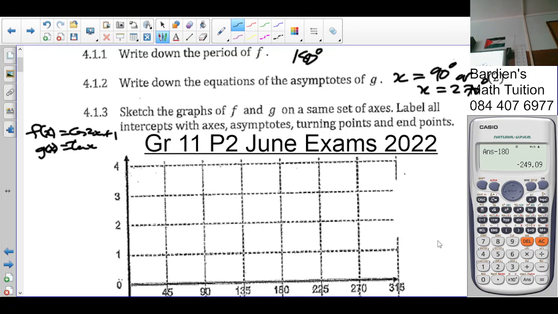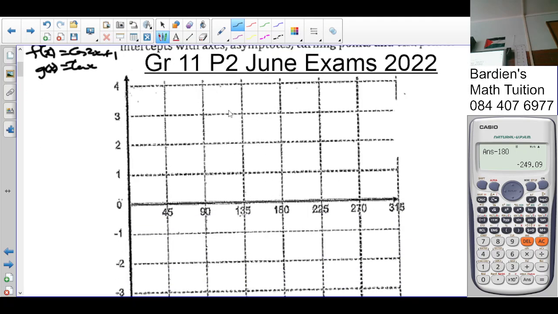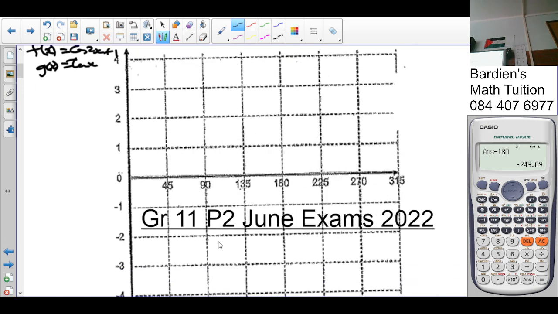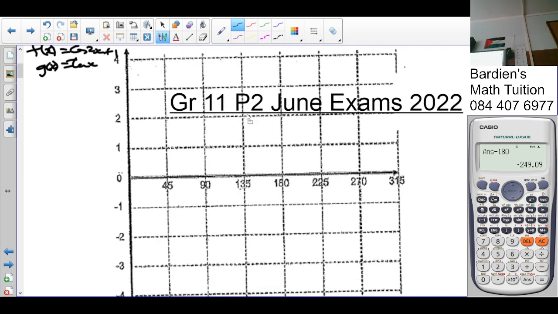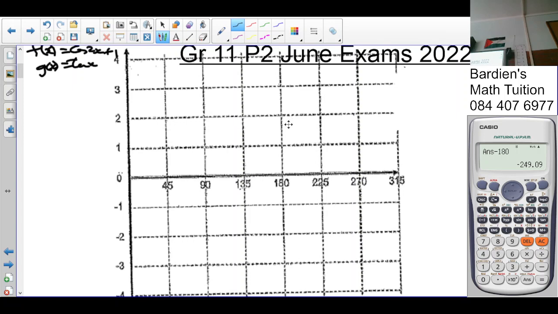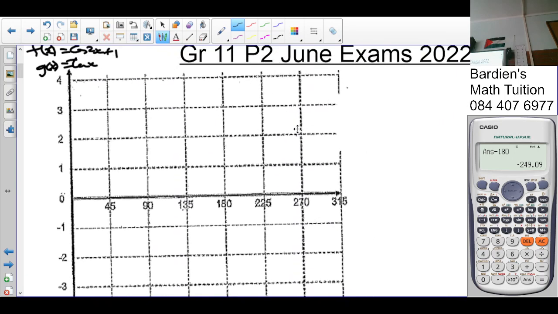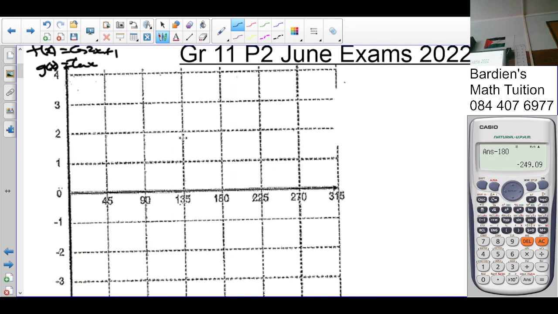Sketch the graph of f and g on the same set of axes. Label all the intercepts with the axes, the turning points and the end points. Okay? Just take this down here. Okay, so the first graph is cos 2x plus 1. So the basic cos graph does that. This is normally 360.